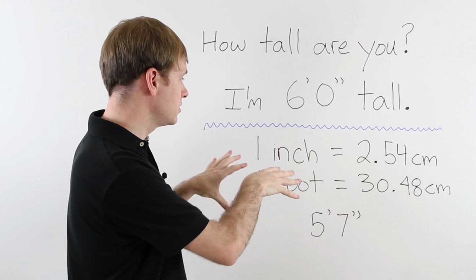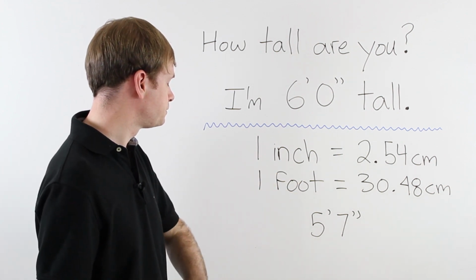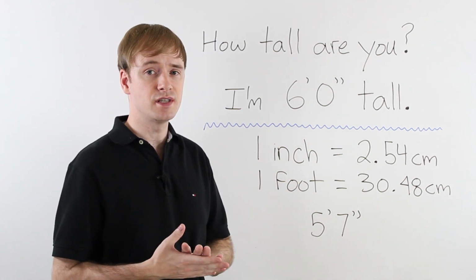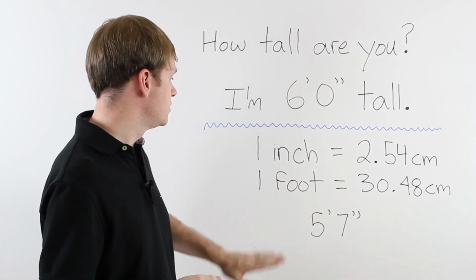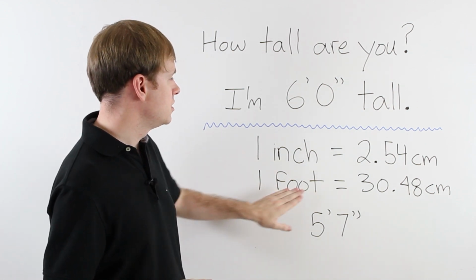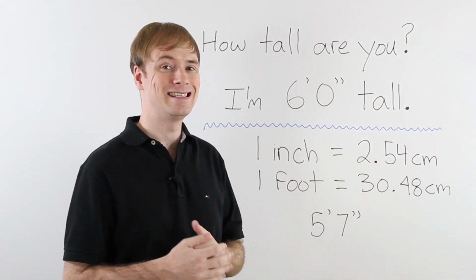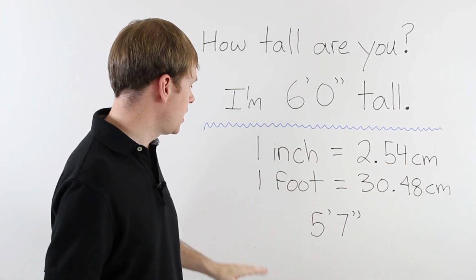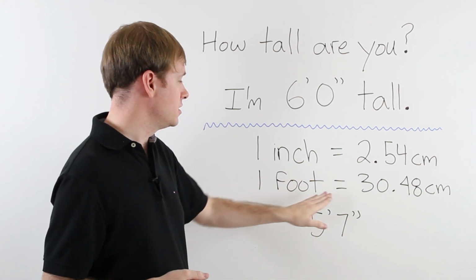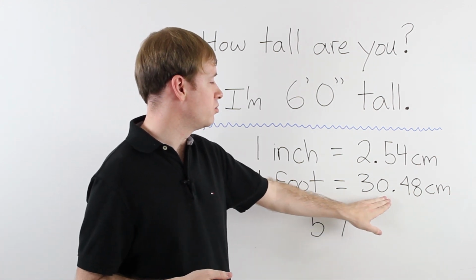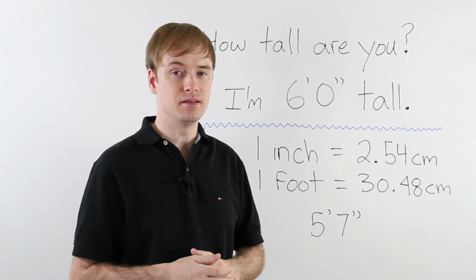So let's take a look at the imperial system. They use inches and feet. One inch is equal to 2.54 centimeters, and one foot is equal to 30.48 centimeters.